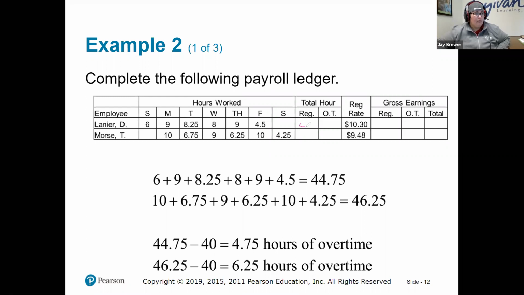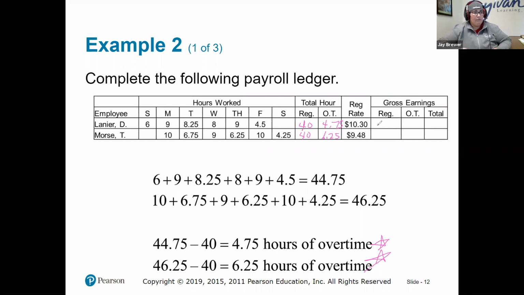They have 40 regular hours and 4.75 overtime hours. And the person on the bottom has 40 regular hours and 6.25 overtime hours. I would ask you, how did I get that? But they also showed you how to do it down here, so it makes my point moot.